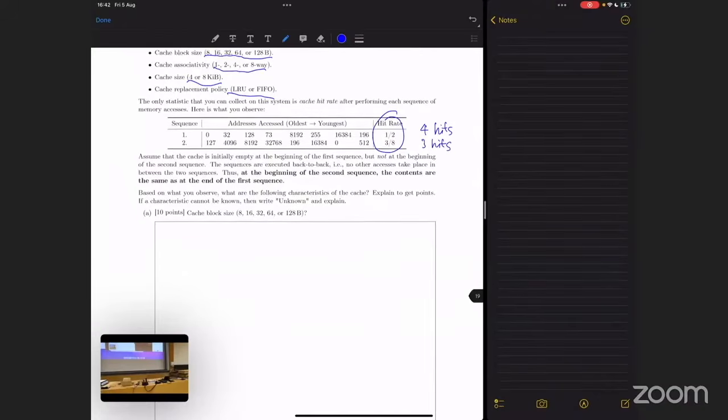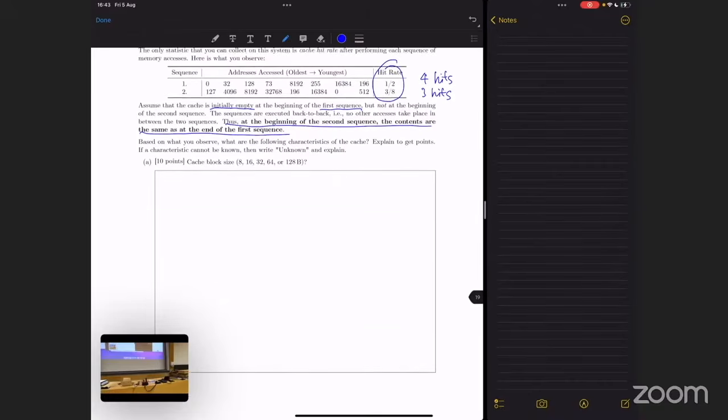And then the next paragraph is very important. It says that the cache is initially empty before the first sequence, and the 2 sequences are executed back to back. So this means that at the start of the second sequence, it will see the cache as it is at the end of the first sequence.